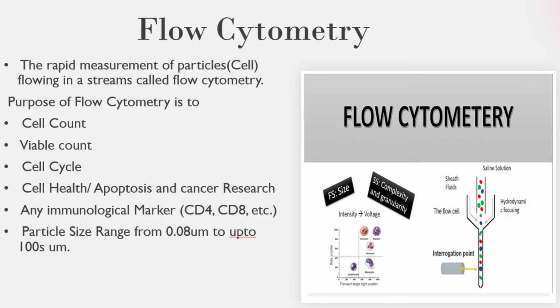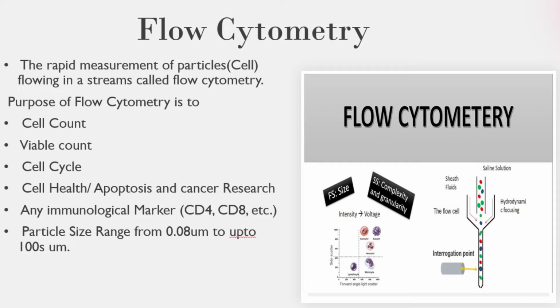Why we use flow cytometry? The purpose of flow cytometry is to count cells. Viable count means how many cells are alive or not. Cell cycle tells us in which phase cells are lying, meaning G1 phase, G2 phase, S phase, etc. Flow cytometry is also used to detect the cell's health, such as apoptosis and cancer research.